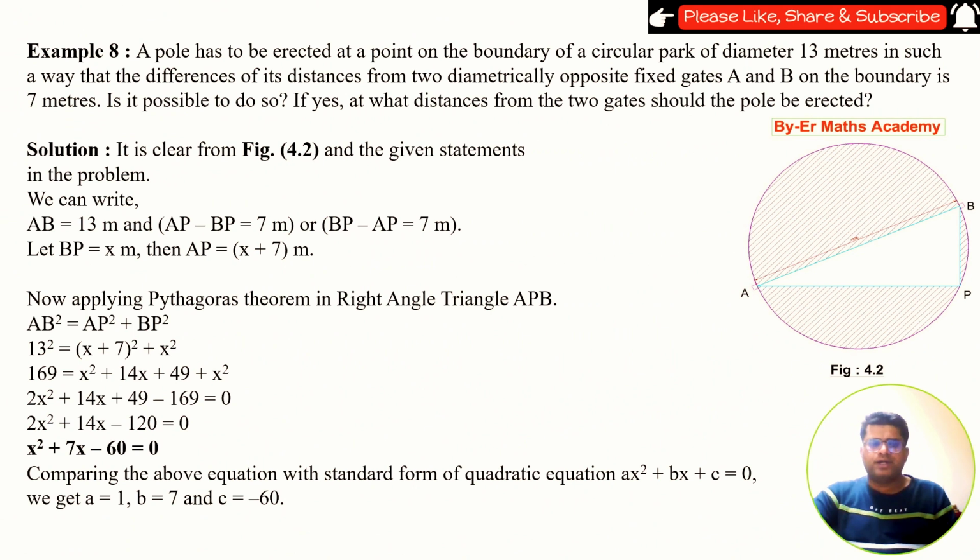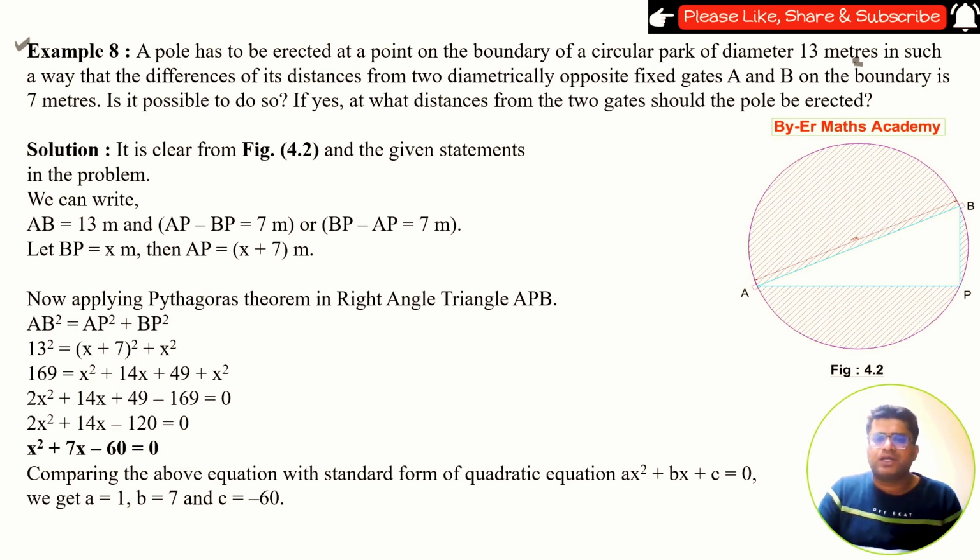Now, student, this is our example number 8. Okay, the statement is given here, and you must read it carefully. Example number 8: a pole has to be erected at a point on the boundary of a circular park of diameter 13 meter. What is the diameter of the circular park?